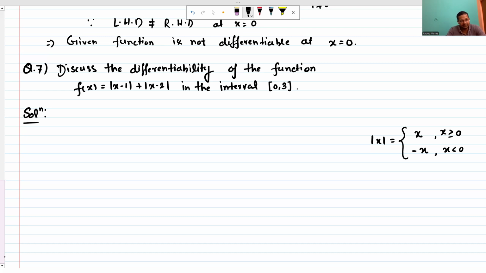We can break f in this form. The interval is when x is greater or equal to 0 and less than 1, that is, greater than 0 but smaller than 1. In this case, if x is less than 1, then x minus 1 is less than 0, so it remains negative, and x minus 2 also remains negative.